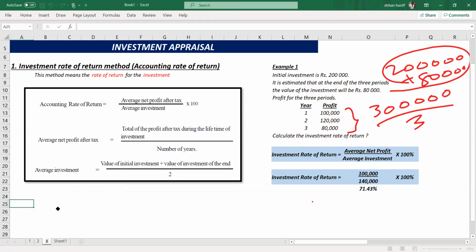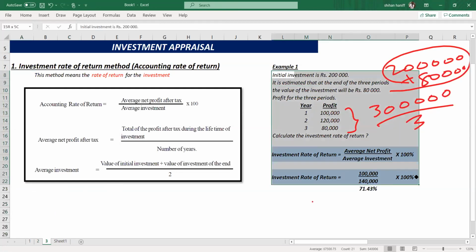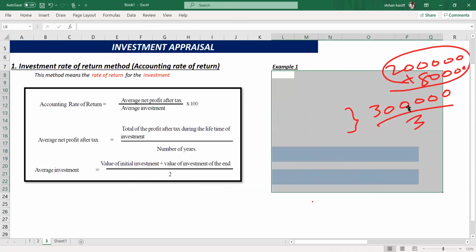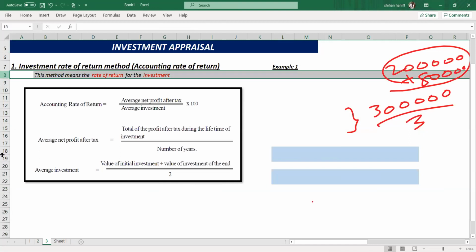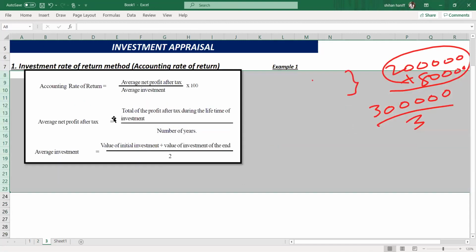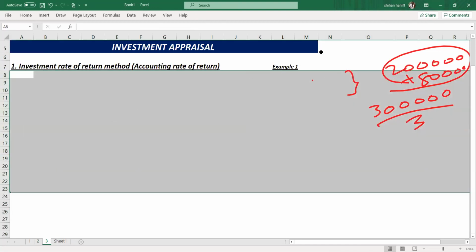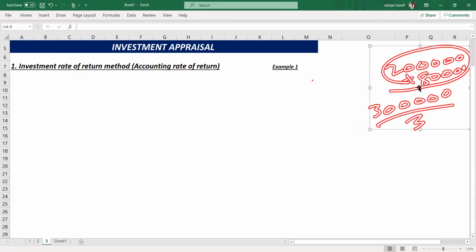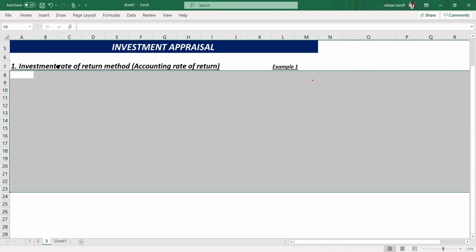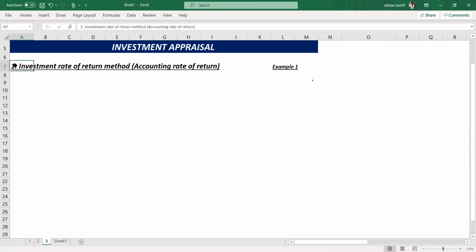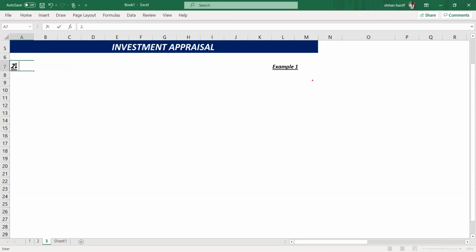We are going to the second. Number 2, payback period.